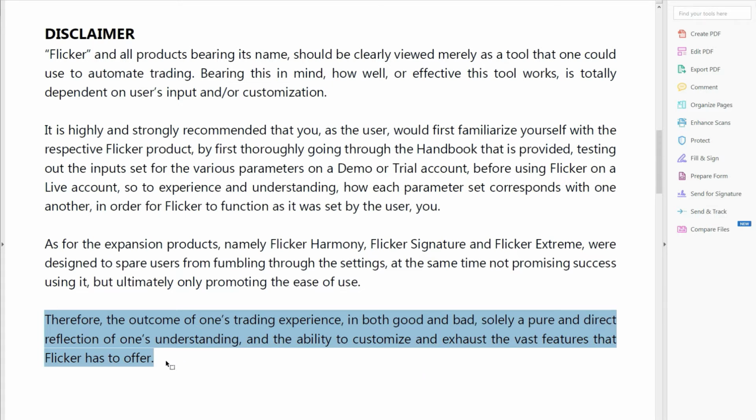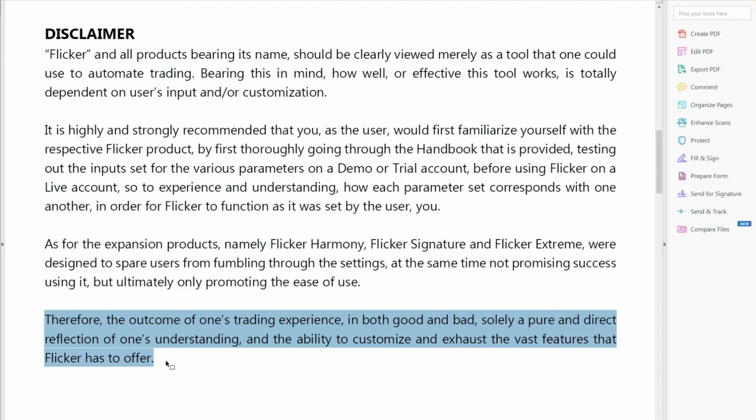I want you to understand this crystal clear: no matter what happens by using Flickr or any EAs for that matter, the responsibility is in your hands.